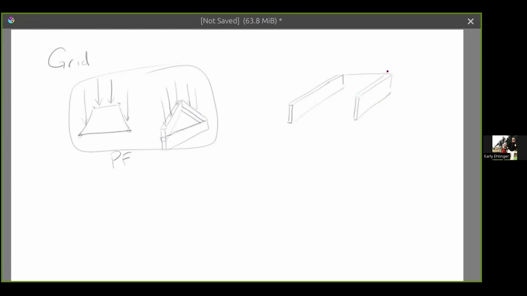A good example of a grid in real life would be the framing for a floor, with traditional 2 by 12s laid out literally in a grid.